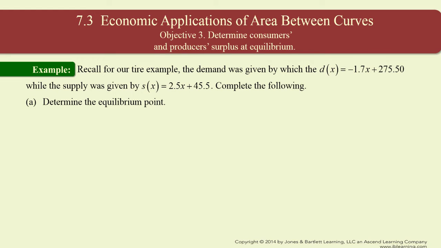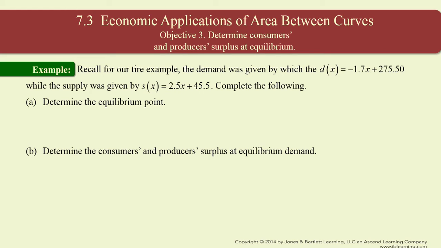Once we've determined the equilibrium point, in part B we'll compute consumer and producer surplus at equilibrium demand. And that will conclude the section. So let's head on off to the chalkboard and do this example.